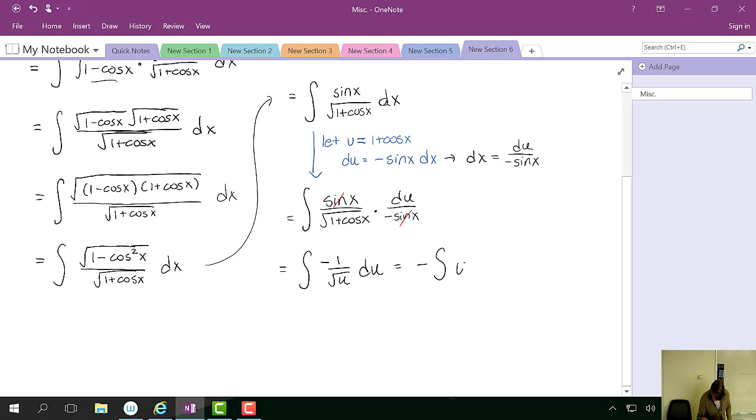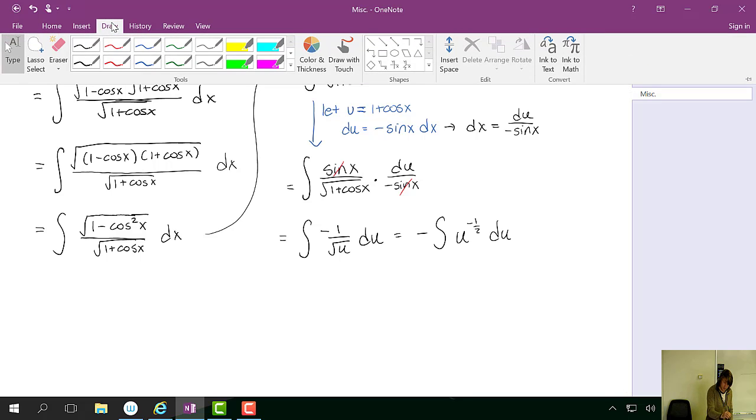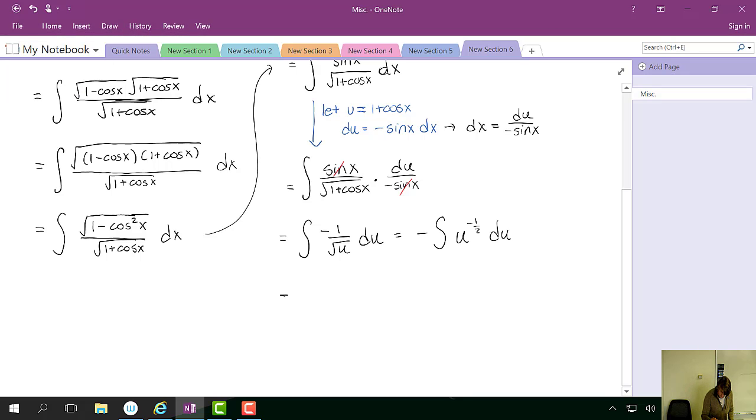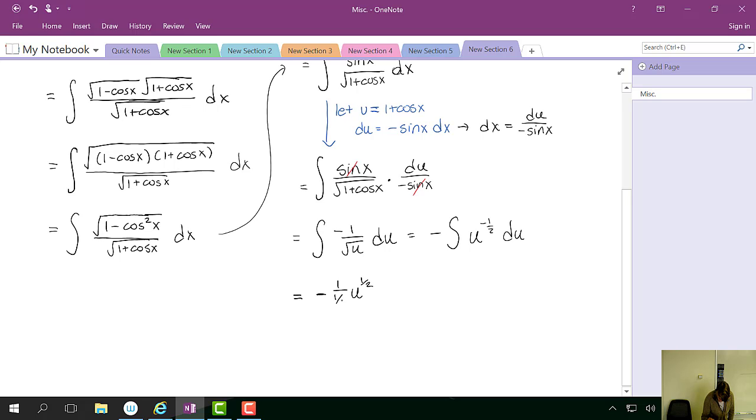Right, just simplifying it to a term that's easier to do the integral on. And so finally, what's the integral of u to the negative 1/2? Right, so negative 2u to the positive 1/2, 2 being what happens when we divide by 1/2.